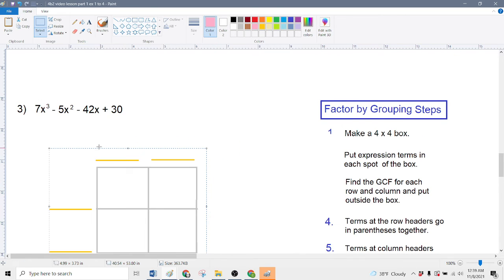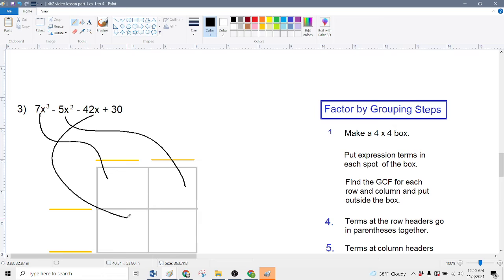Here we have 7x cubed for example number 3. That first term goes right there in that first box, second term in the second, third we'll go down that next row, fourth will go here. So 1, 2, 3, and 4 in terms of where we're going to put those terms.